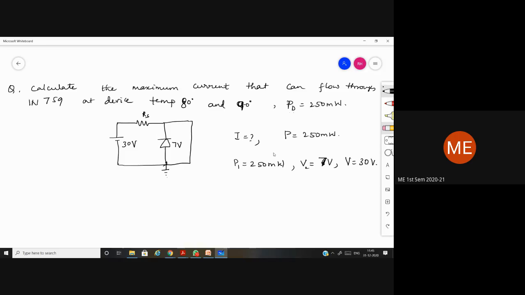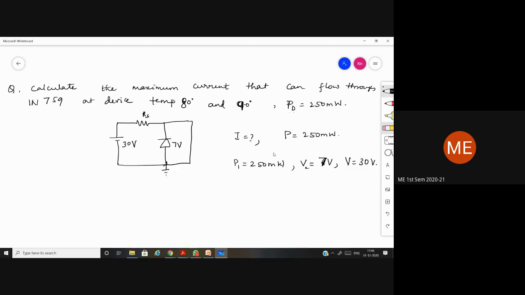Do we have any formula which relates power, voltage, current? Yes, sir, power dissipation.